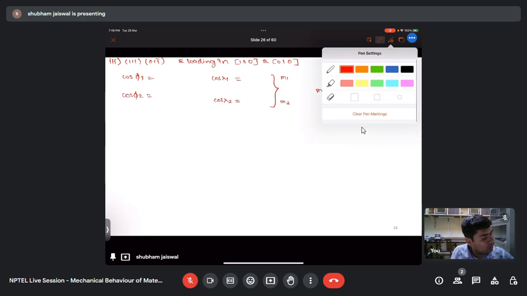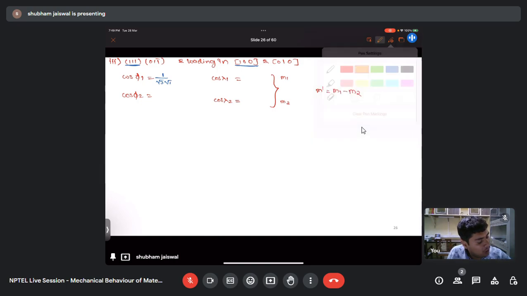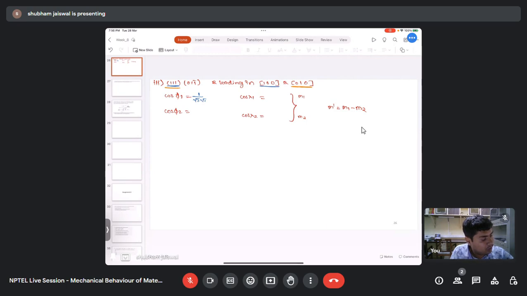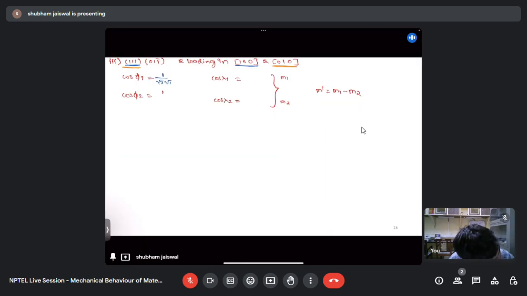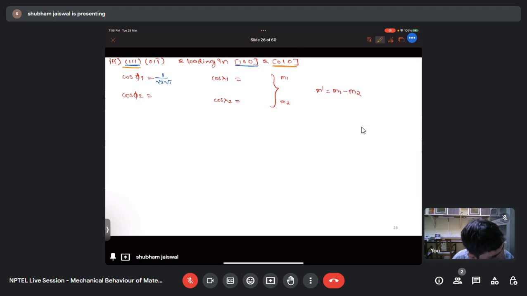Again, here the angle between this one and this one will be 1 upon root 3 into root 1. Now the angle between 111 and 010 will be again 1 upon root 3 into root 1.